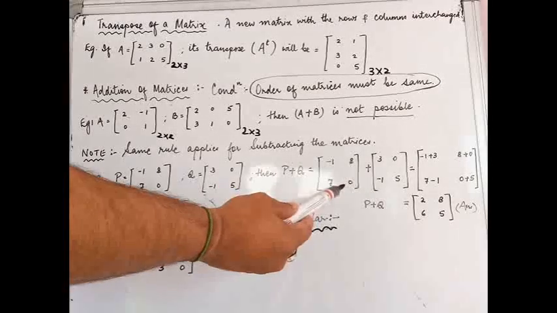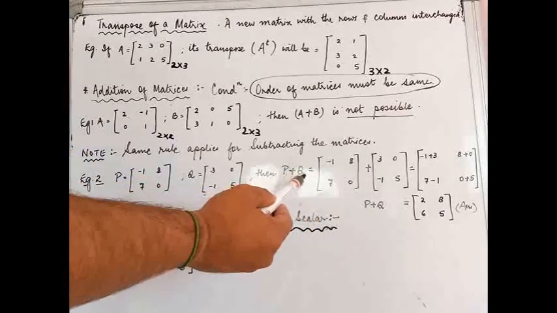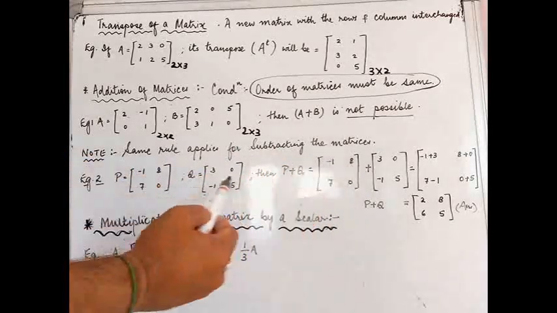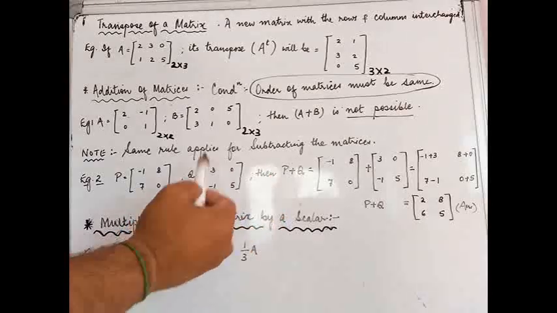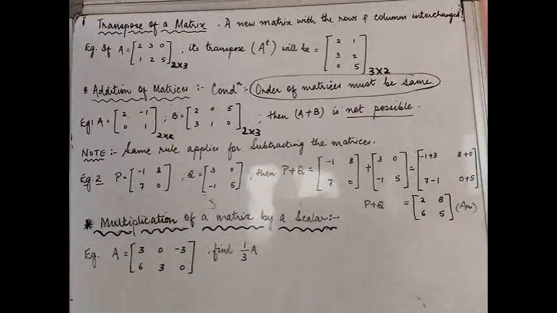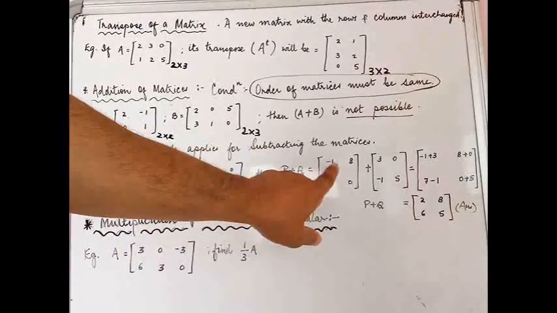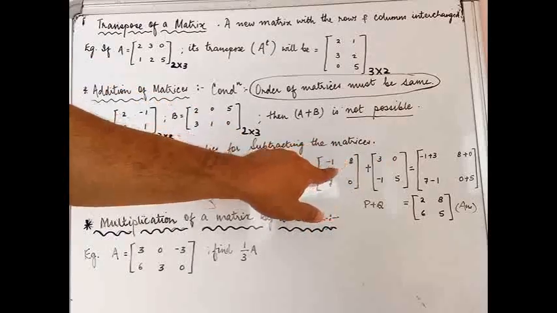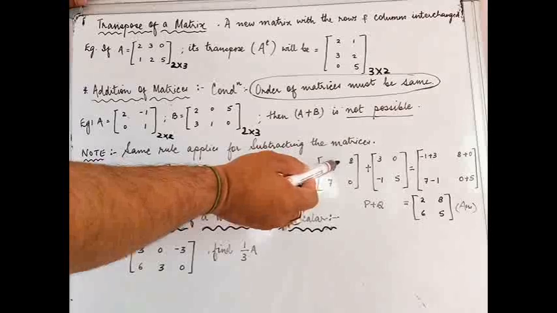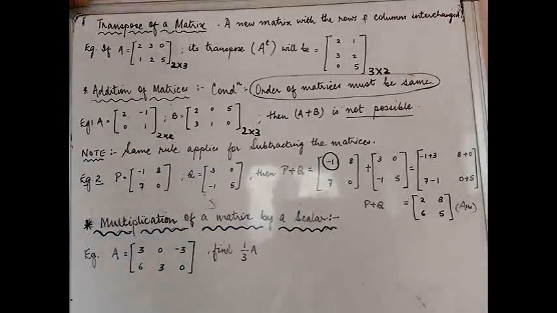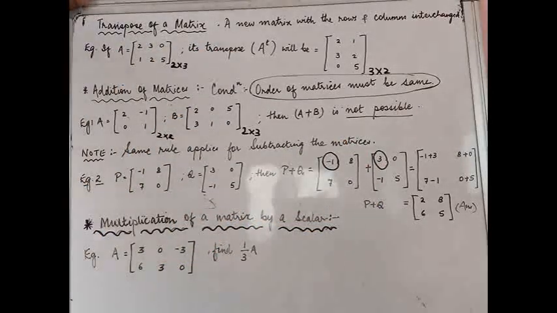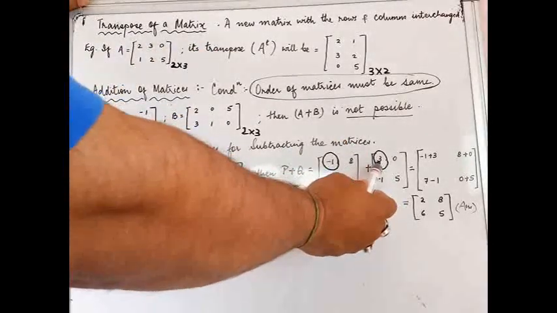So the first thing that you will do over here is P plus Q. In place of P, you will put the P matrix, then a plus sign, and then in place of Q, you will put the Q matrix.